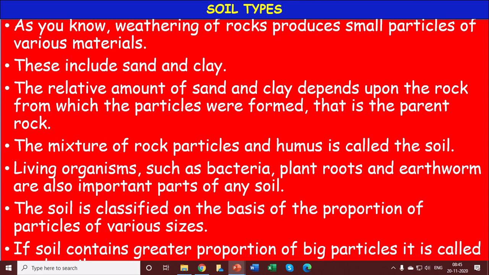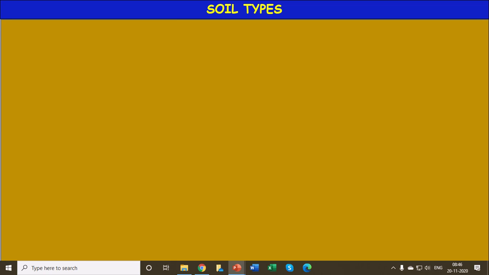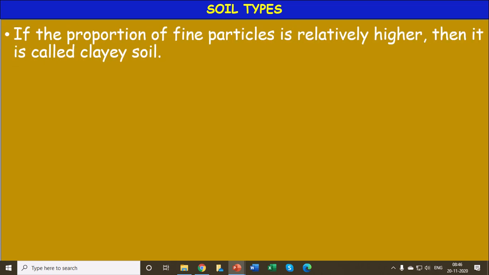Okay, sandy particles. Now, if the portion of fine particles is relatively higher, then it is called clayey soil. We are discussing the types of soils.